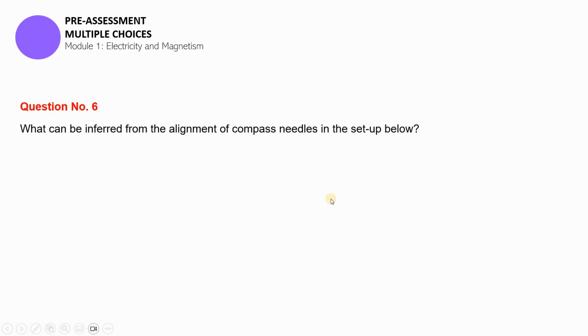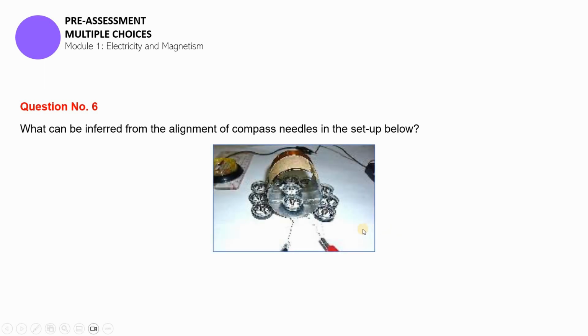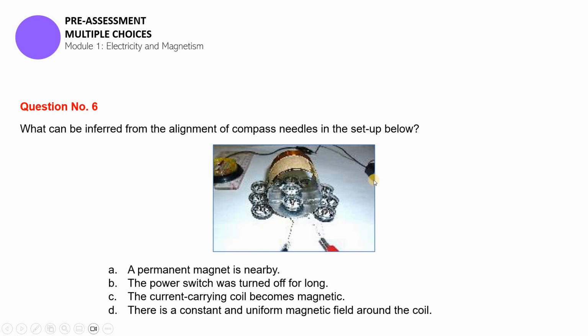Question number 6. What can be inferred from the alignment of compass needles in the setup below? Looking closely, you will see the compasses surrounding the entire setup. Letter A. A permanent magnet is nearby. Letter B. The power switch was turned off for long.